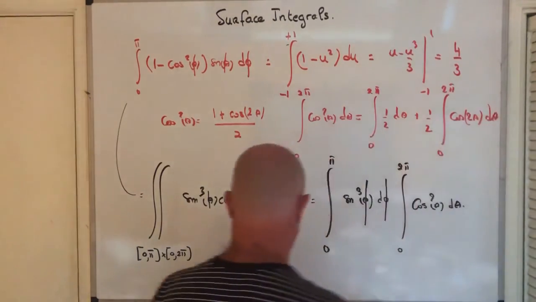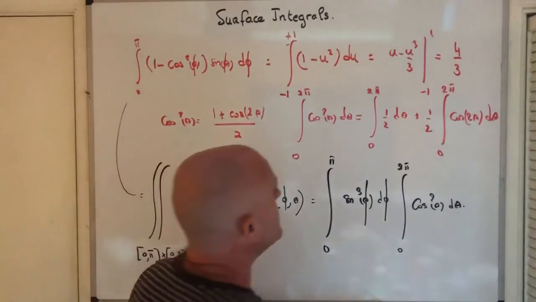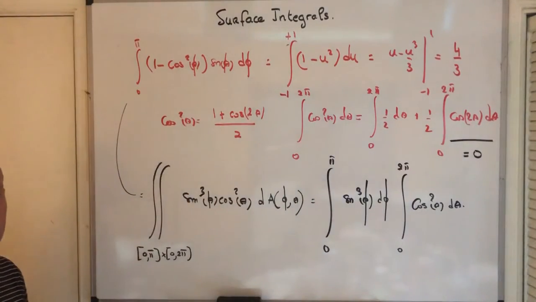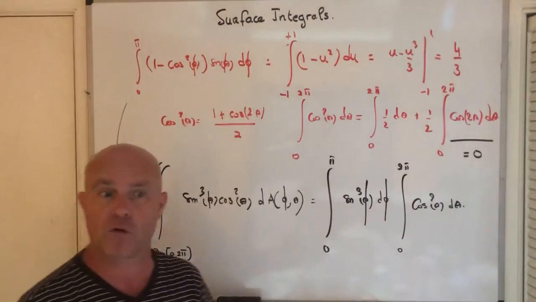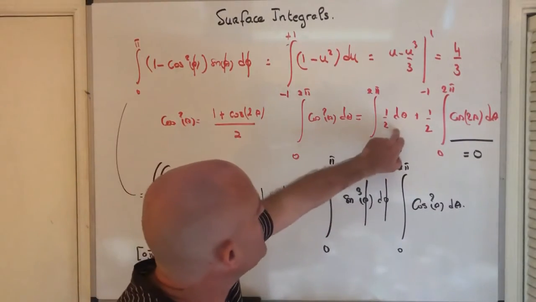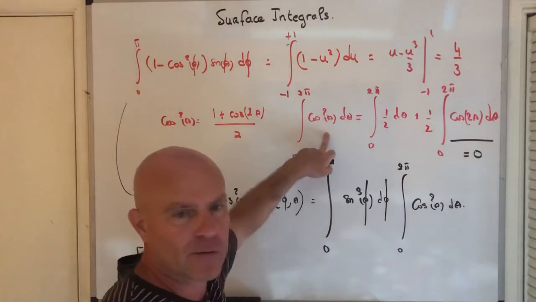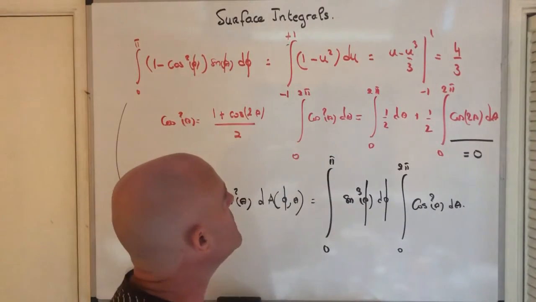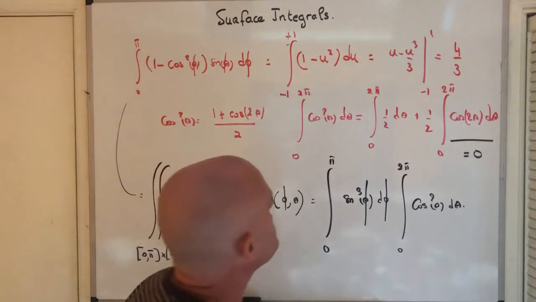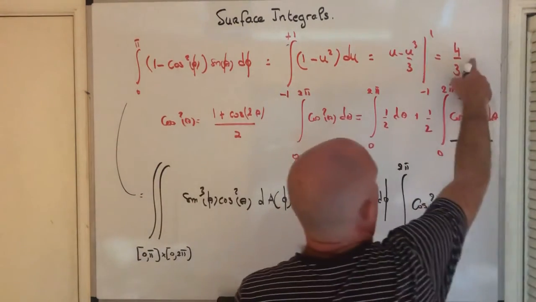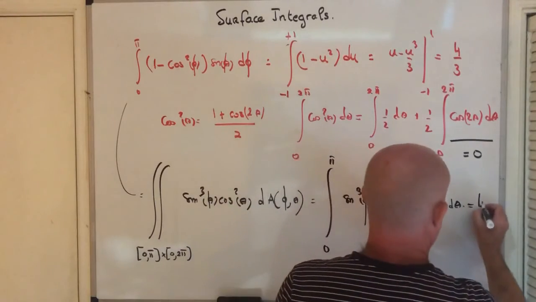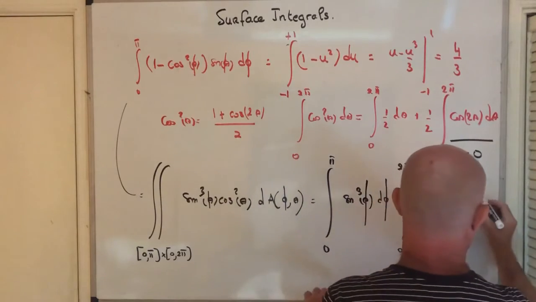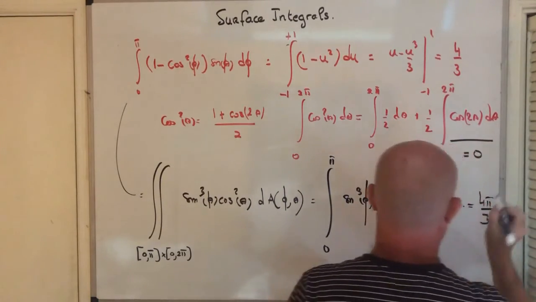What do we have here? This guy is 0, because it's a periodic function, and the antiderivative of cosine 2 theta is sine 2 theta, taken between 0 and 2 pi, gives you 0. So the only contribution from this integral, and it has to be nontrivial because it's a positive function, is just given by 2 pi times 1/2. So the final answer is 4 divided by 3 times pi, 4 pi divided by 3, and that's the final answer that we, of course, retrieve in the book in the same way.